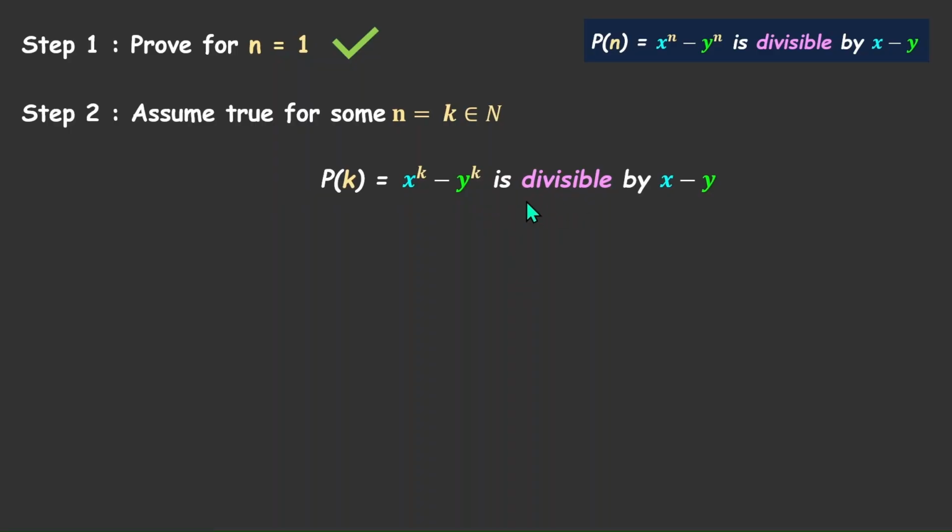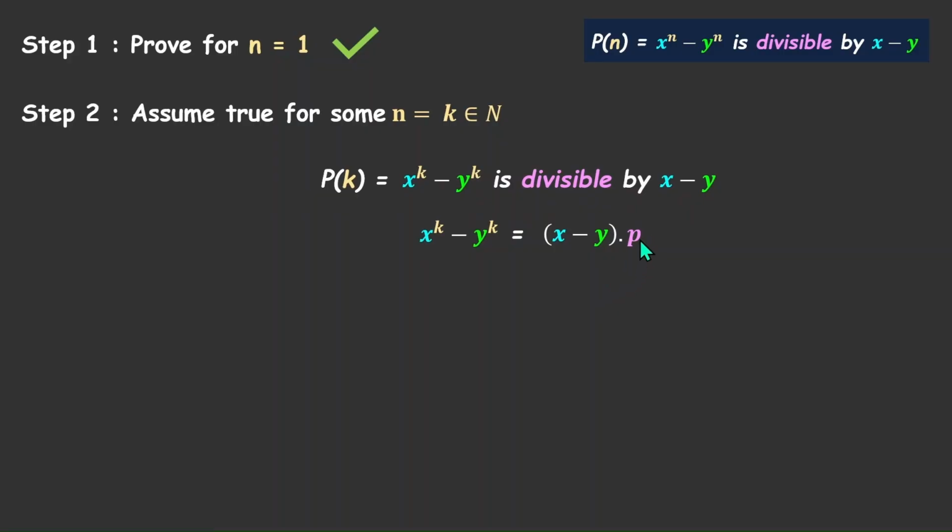Or when we're talking about divisibility, instead of saying that x raised to power k minus y raised to power k is divisible by x minus y, I can also say that x raised to power k minus y raised to power k is equal to x minus y into some constant p, because ultimately this would be a multiple of x minus y, since it is divisible by x minus y.